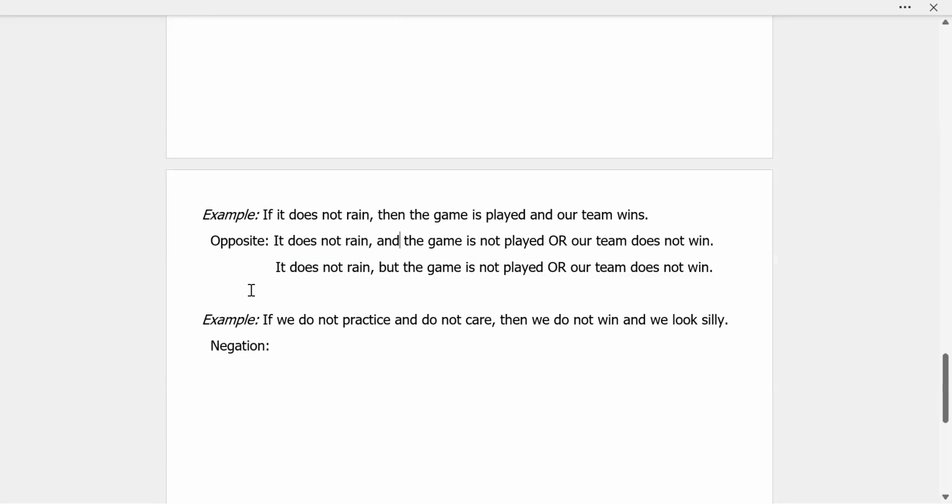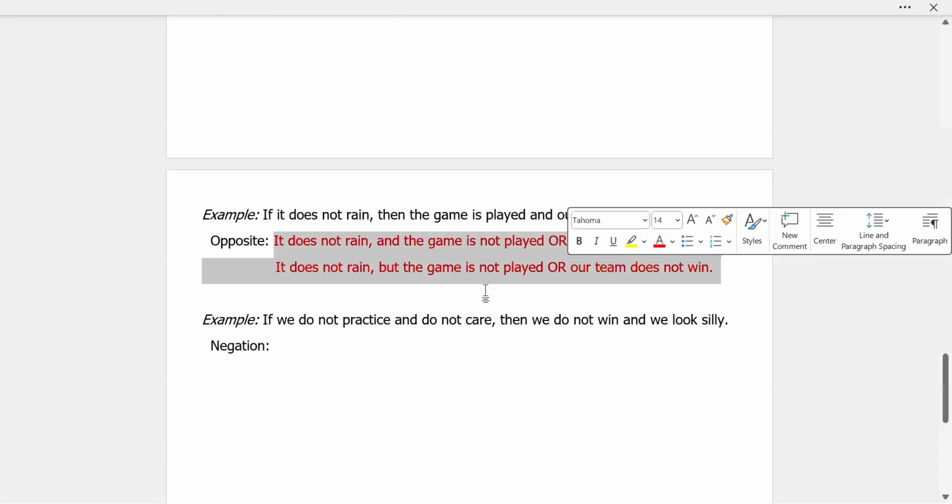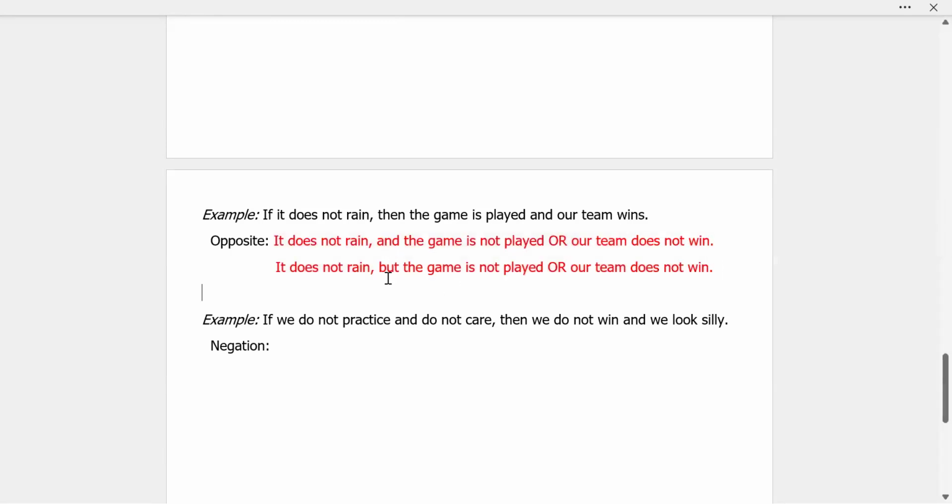That or has to stay an or. So it does not rain, and or but, the game is not played, or our team does not win. So you have to look at that.